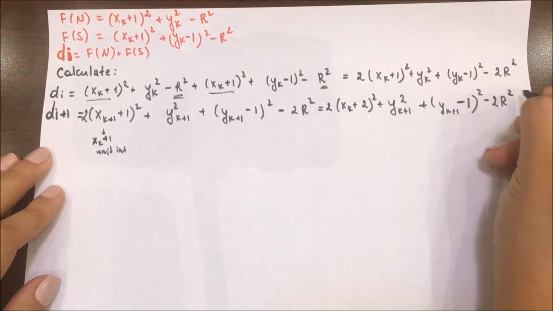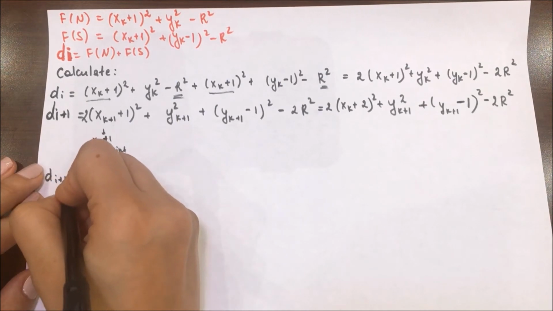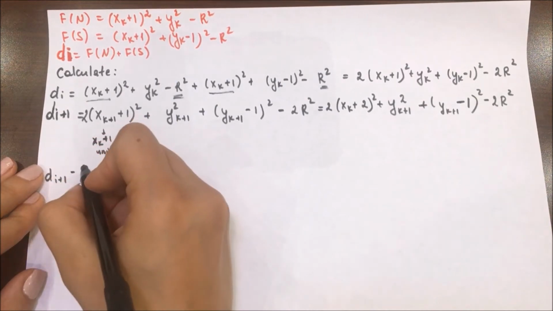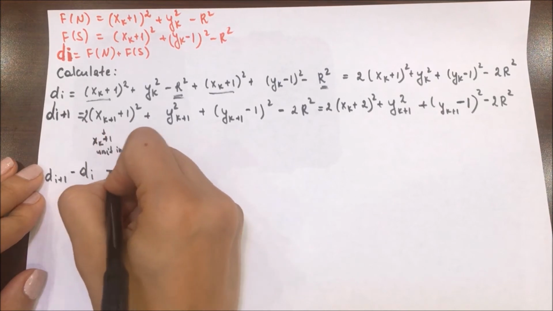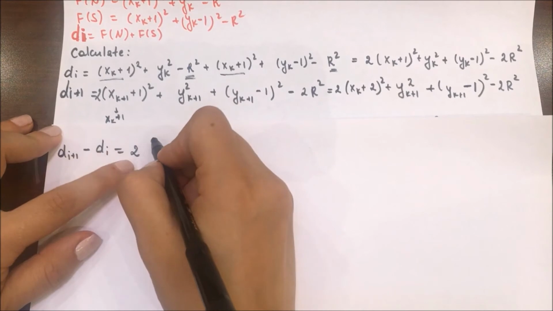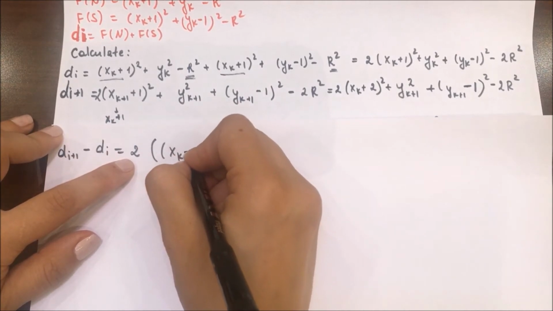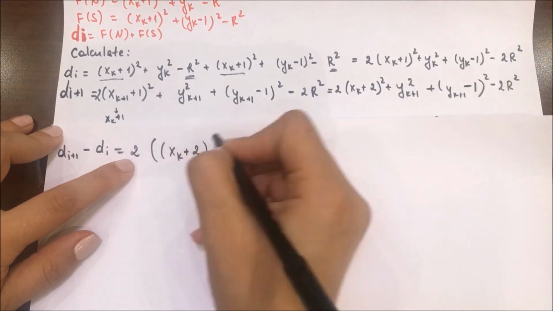This is the equation for the next decision parameter. Now we're going to find the difference between the next decision parameter and the initial decision parameter. We will subtract the initial decision parameter from the next decision parameter.